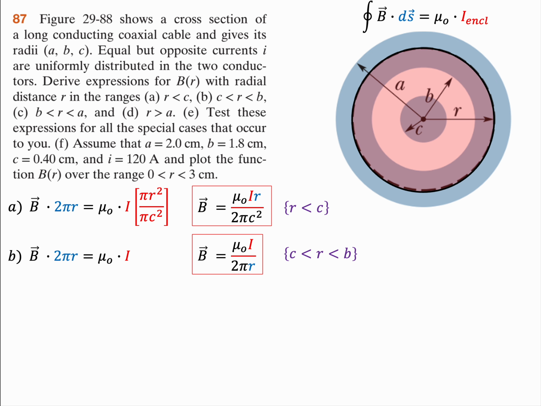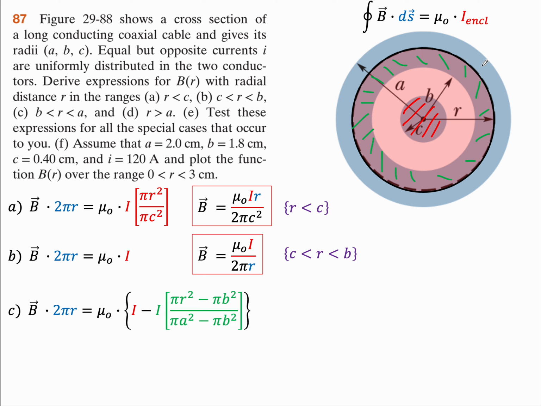What about when it's over here, and that radius that's drawn there? Well, here you've got to be a little bit more careful. It encloses all of the current from the inner conductor, but it only includes a portion of the current going in the opposite direction in this region here. So we've got to actually figure out what the net current is inside of my Amperian loop. To do that, we've got to do a little bit of algebra. Don't panic.